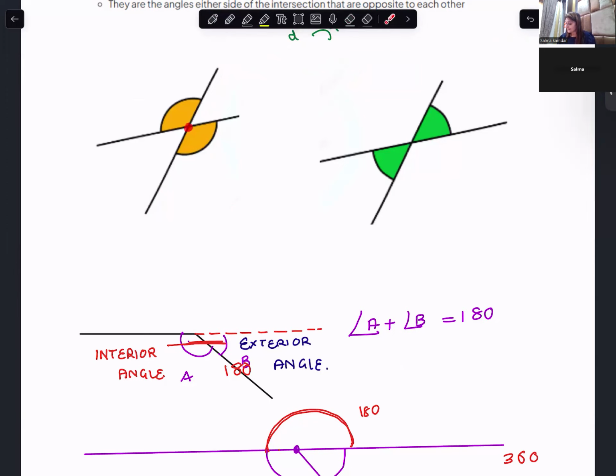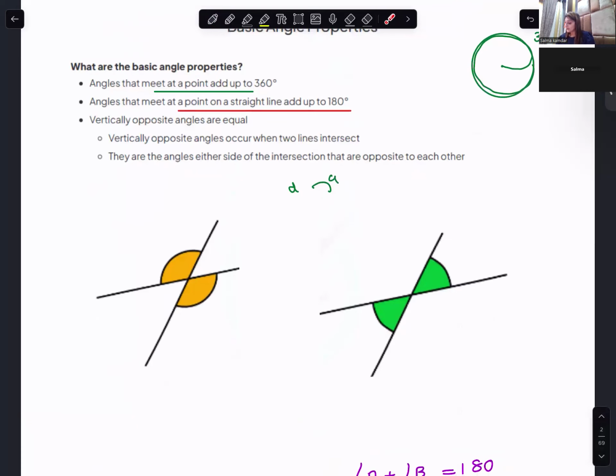Angle at a point, the full thing is 360 degrees. Straight line, this angle plus this angle, 180 degrees.